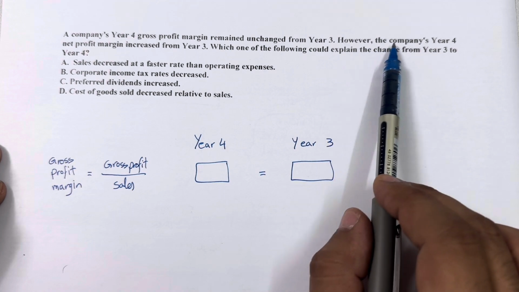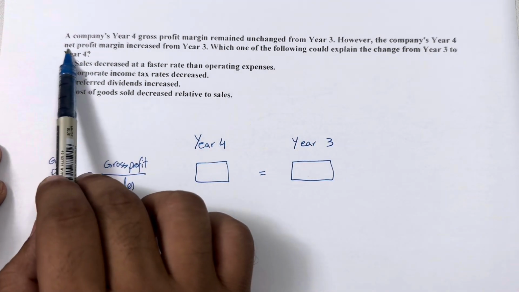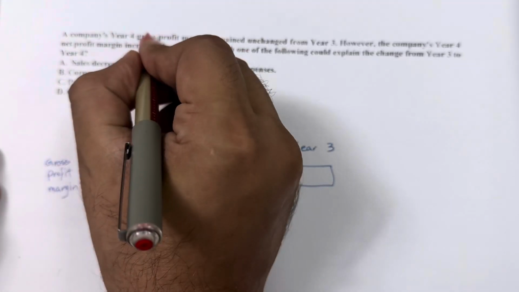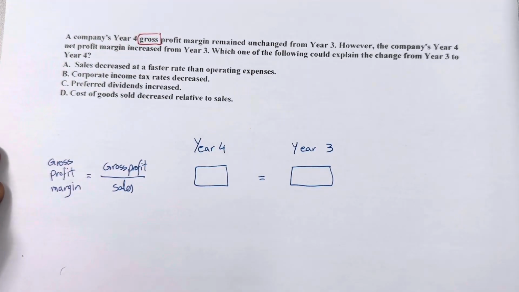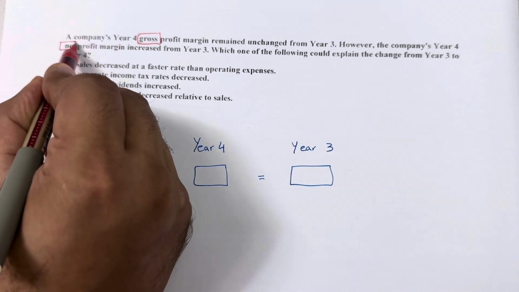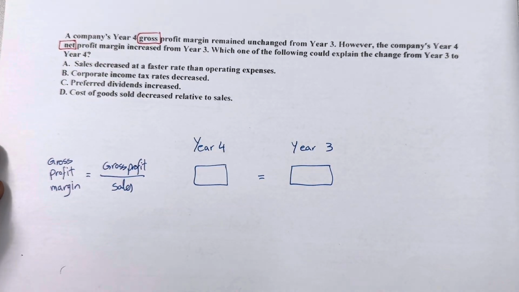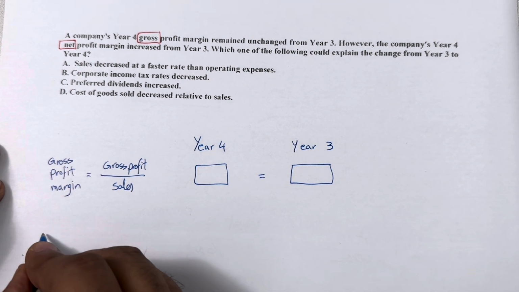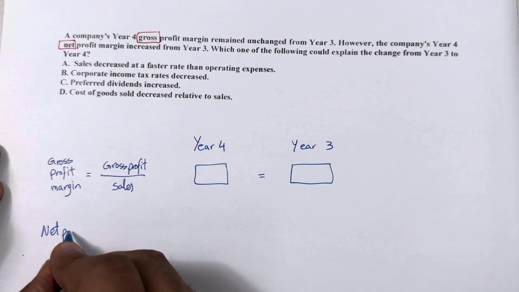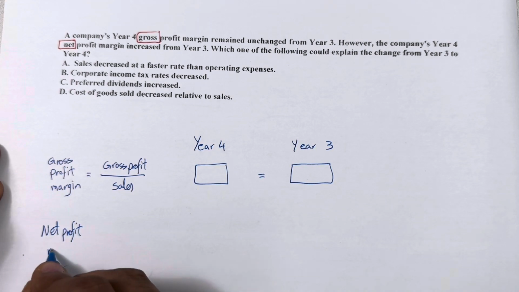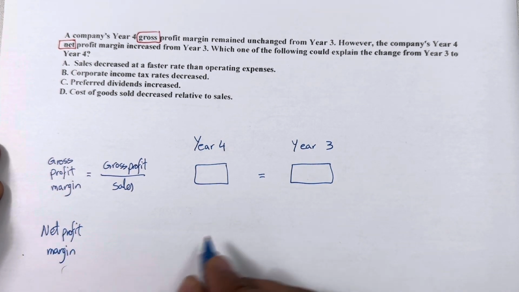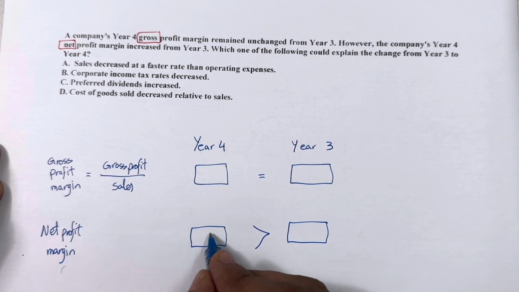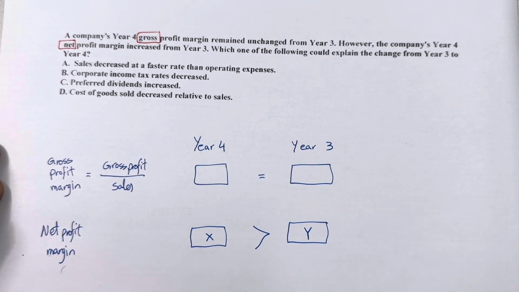However, the company's year 4 net profit margin, here is the idea. He was talking about the gross profit margin. He is now talking about the net profit margin. The net profit margin increased from year 3, which means X amount is greater than Y amount.